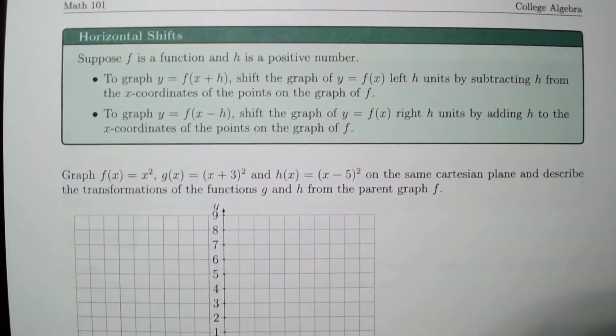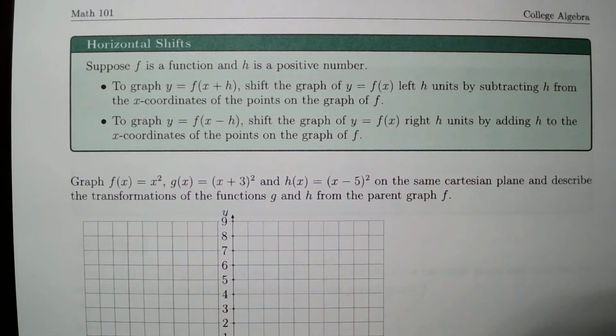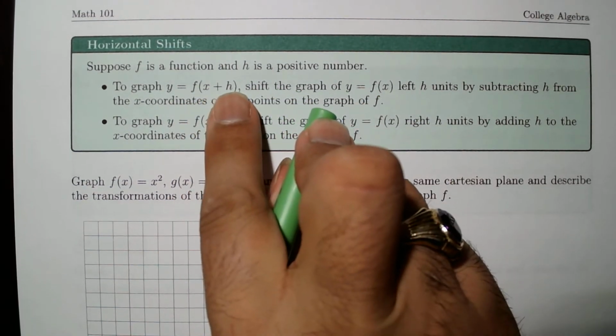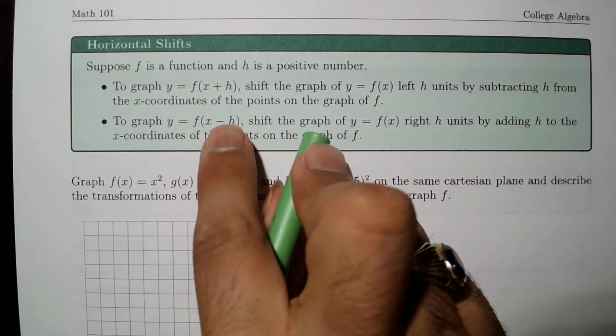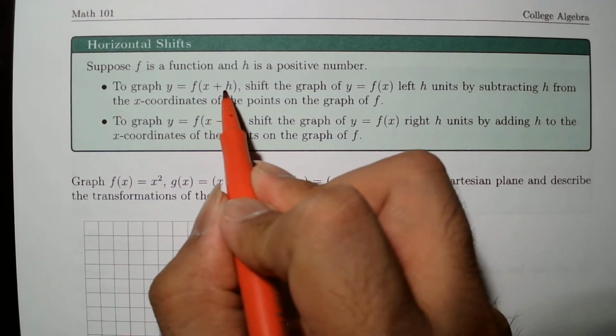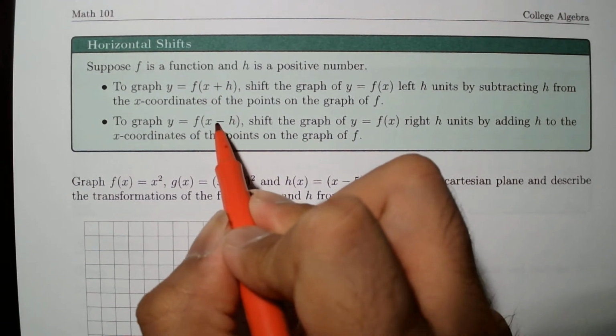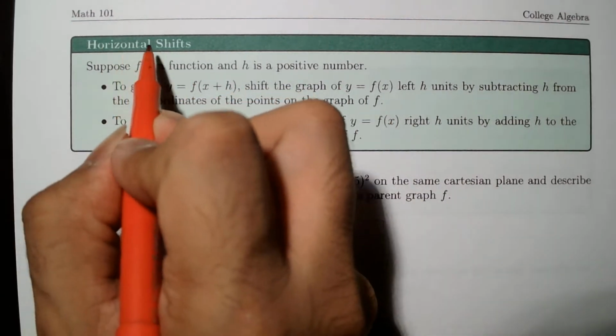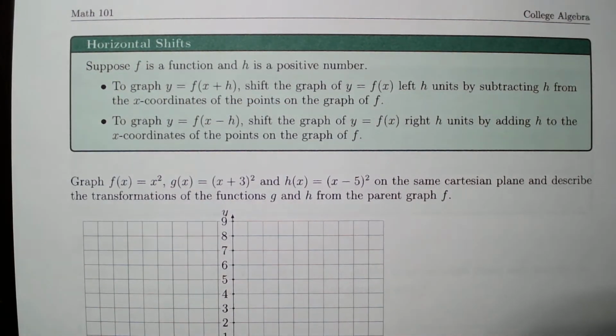So now let's look at horizontal shifts. Okay, so now we are going to have some f of x plus h and f of x minus h. In this case, we are going to shift the x's, not the y's, and it's going to yield a horizontal shift.